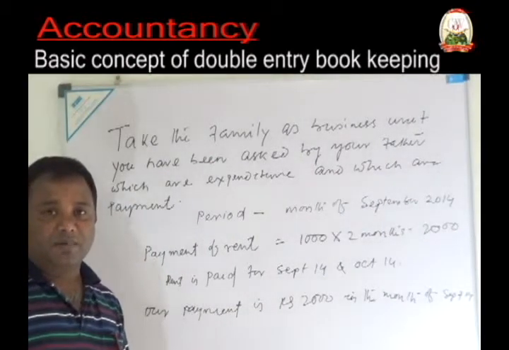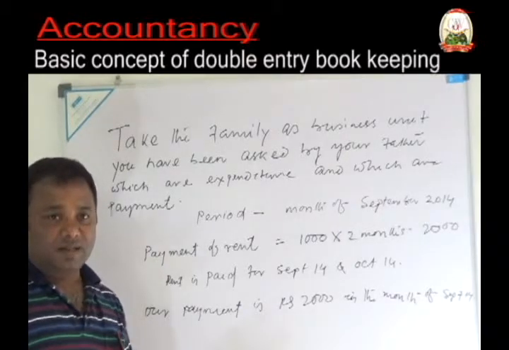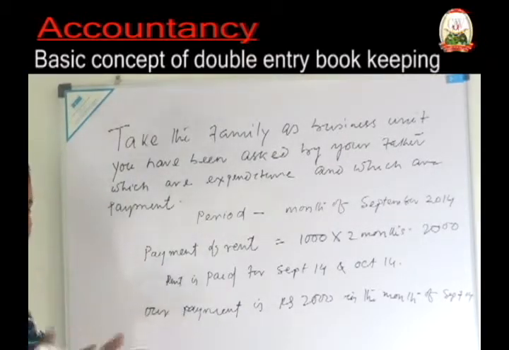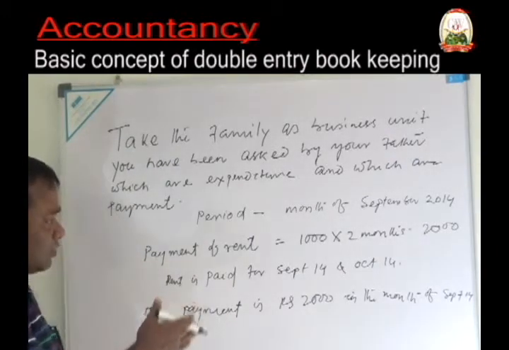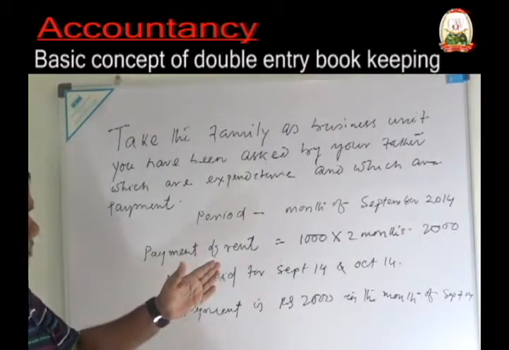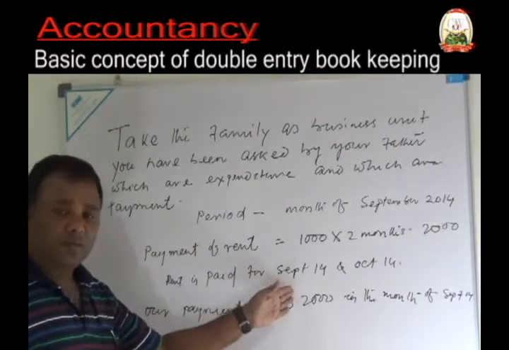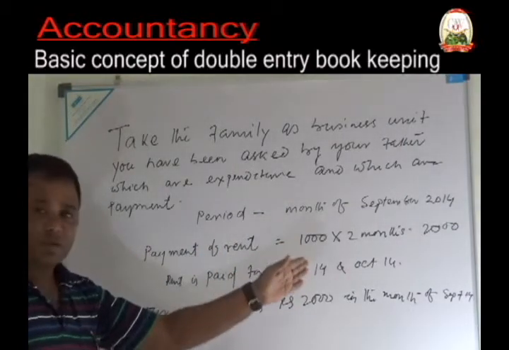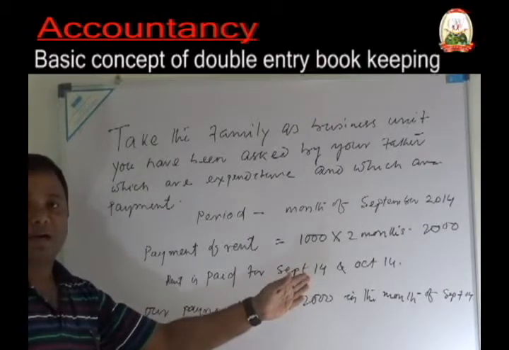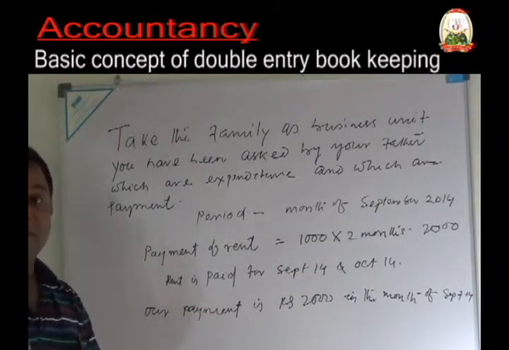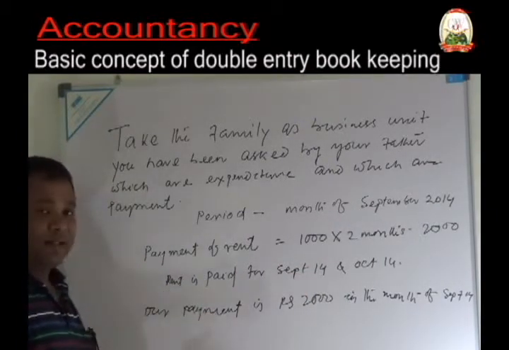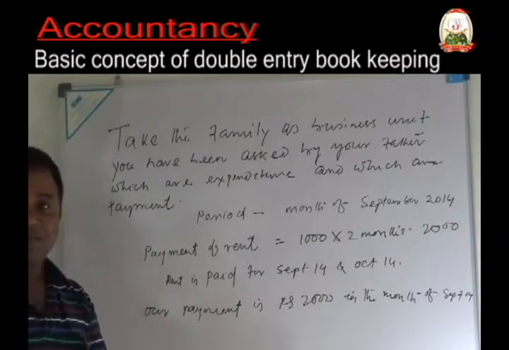Standing in the month of September, you have to express that, father, the expenditure is rupees 1000, because out of 2000, the 1000 rupees expires in the month of September, and another 1000 rupees has not yet expired because it becomes due in the month of October. That's why 1000 expires in the month of September.